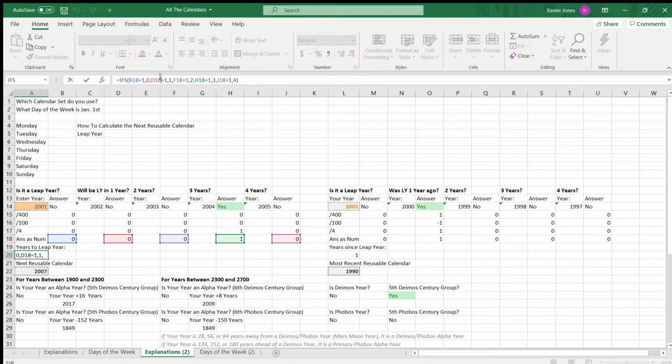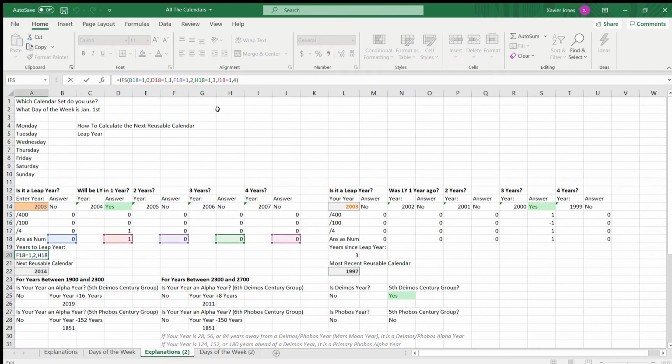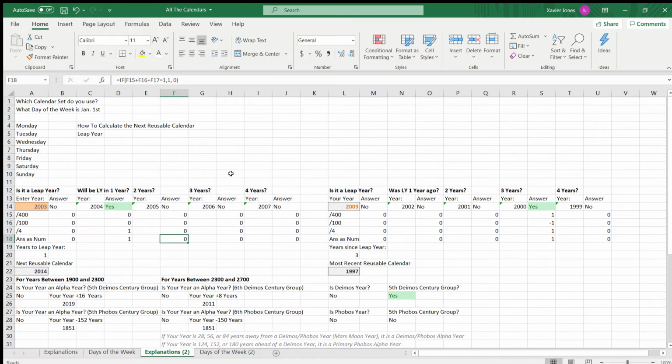You'll get the idea. For D18 right here, if this value equals 1, then that means that we are 1 year away from our leap year, which will be the case in the year 2003. As you can see, this value is 1. We are 1 year to our next leap year. Now, obviously that's the same thing for 2 years away, and it's the same for 4 years away.